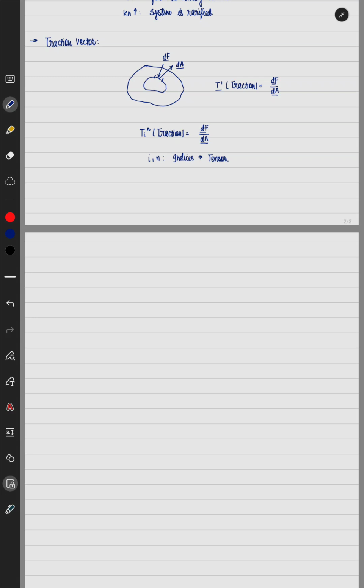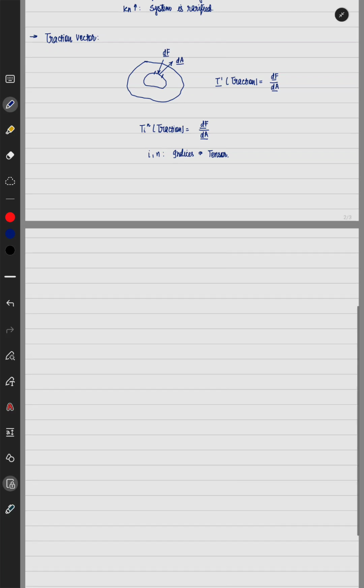So let us try to understand how I can write this tensor on the different areas.